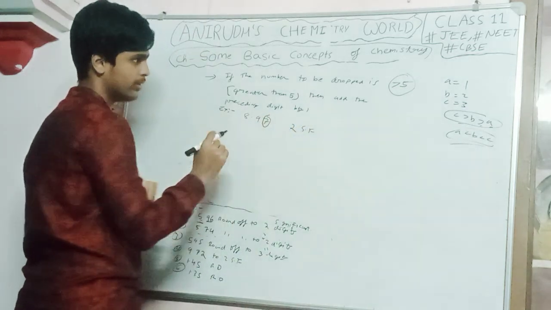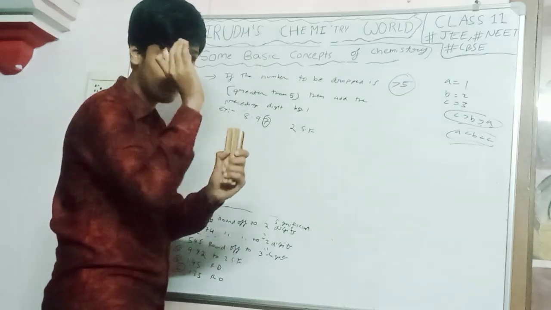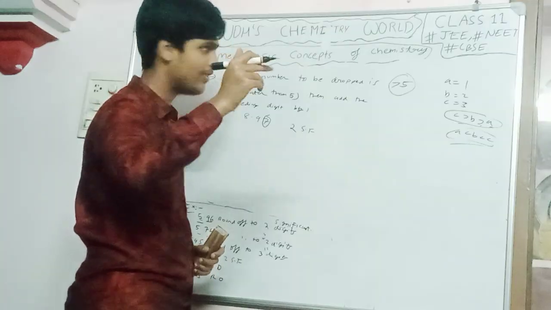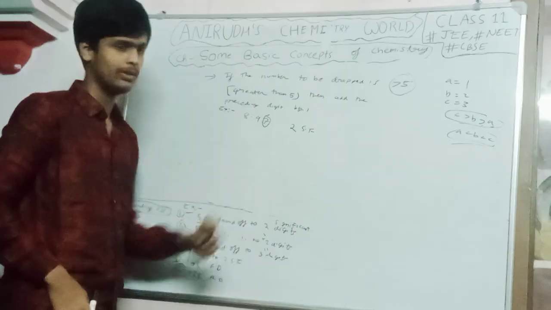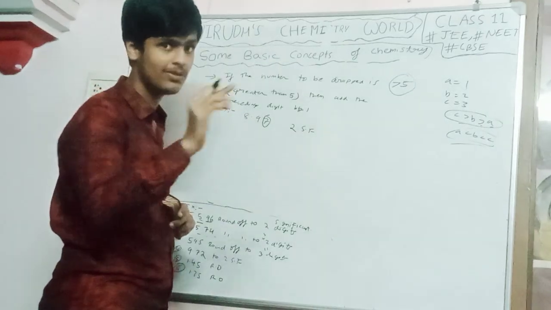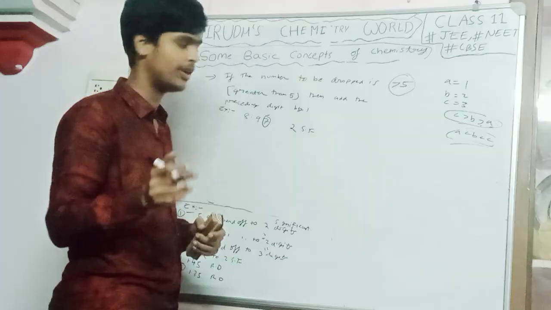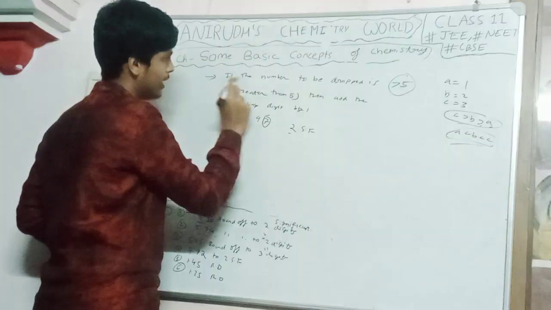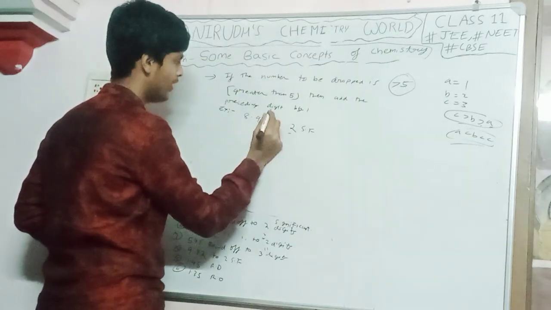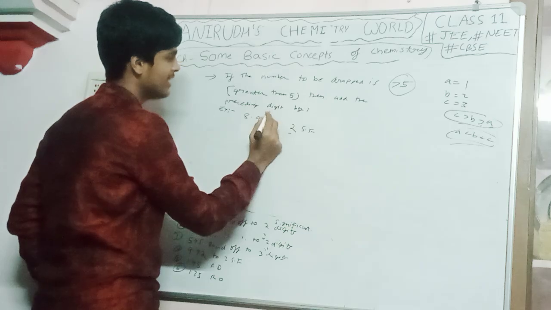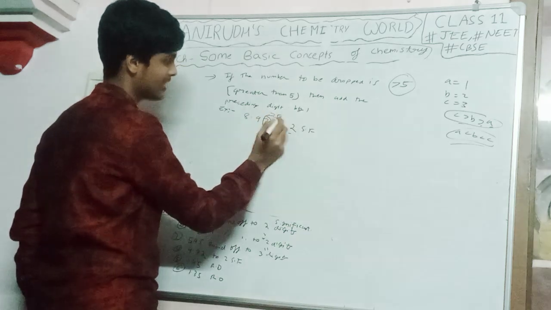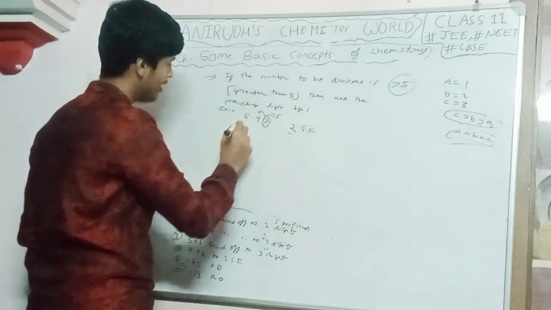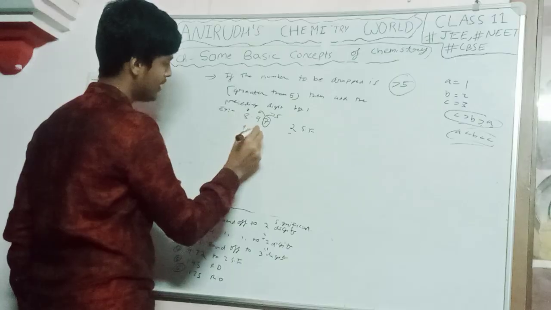The number to be dropped means we are focusing on that value, whether it is greater than 5, less than 5, or something else. Since 7 is greater than 5, add 1 to the preceding digit. 9 plus 1 is 10, so 1 carries, and it becomes 9.0.